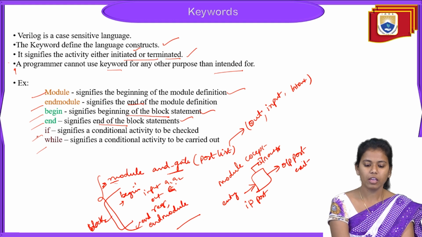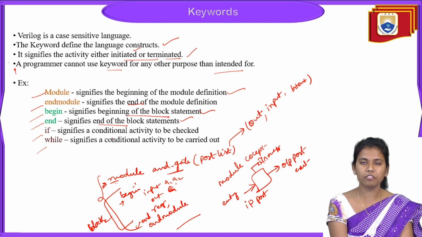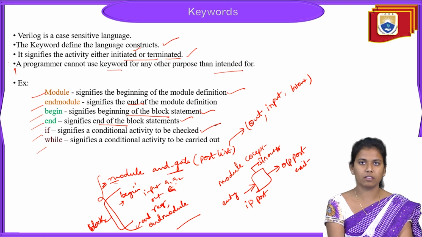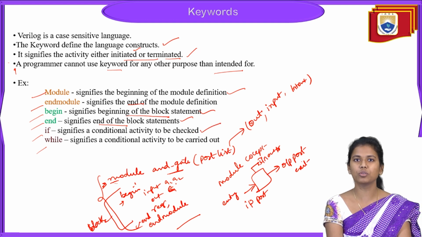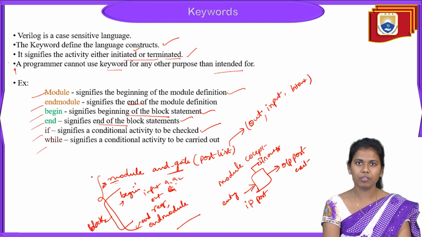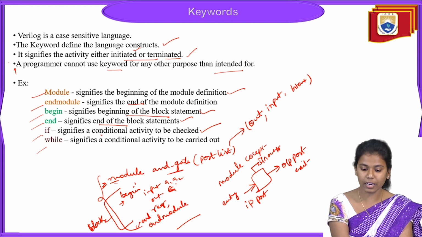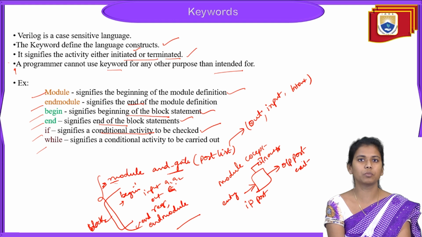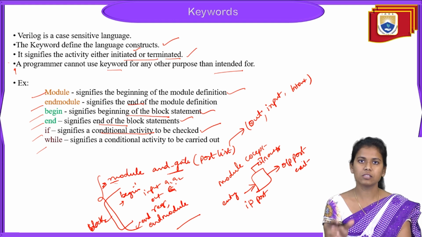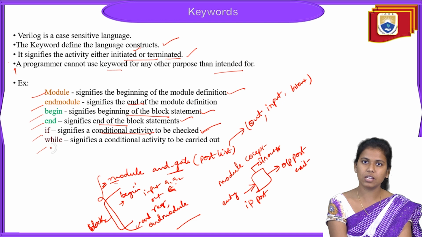And coming to if, it is a condition. It signifies a conditional activity to be checked, isn't it? In the C program also you see this kind of construct, right? If, while, do while and so on. In a similar fashion in Verilog, the keyword if signifies a conditional activity. If itself specifies the conditions of a particular statement. And coming to while, which is the last keyword, it signifies the conditional activity to be carried out.